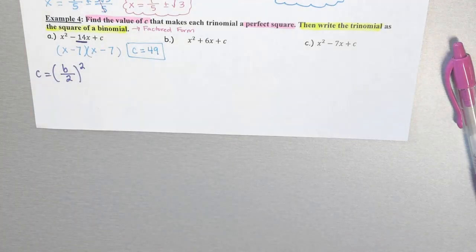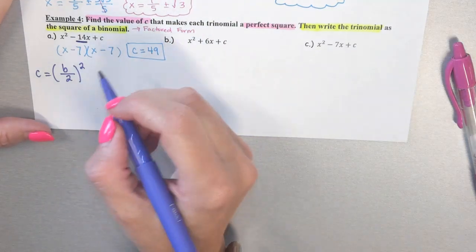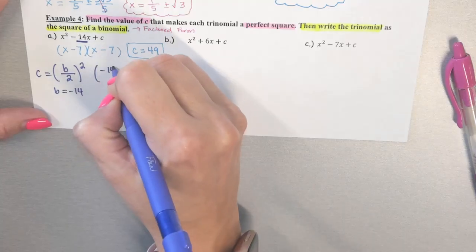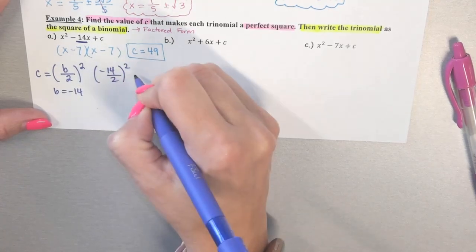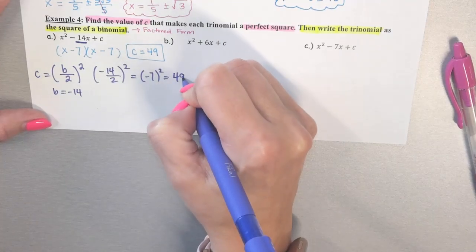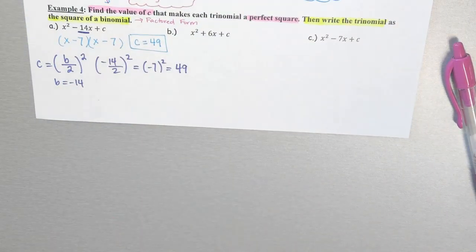So it's half of negative 14 squared. Okay, so if your b value is negative 14, you do negative 14 divided by 2 squared, you get negative 7 squared, which is 49.